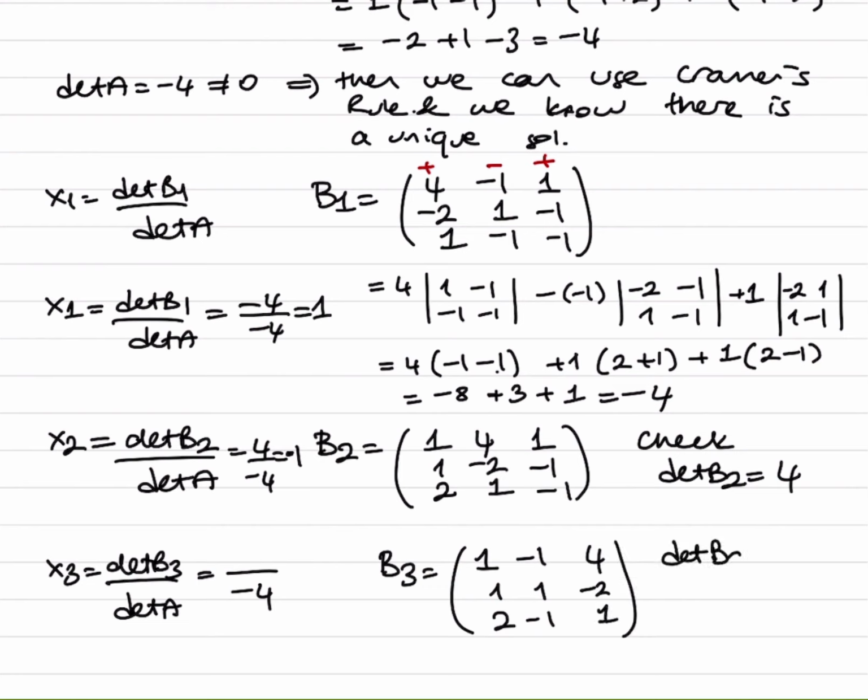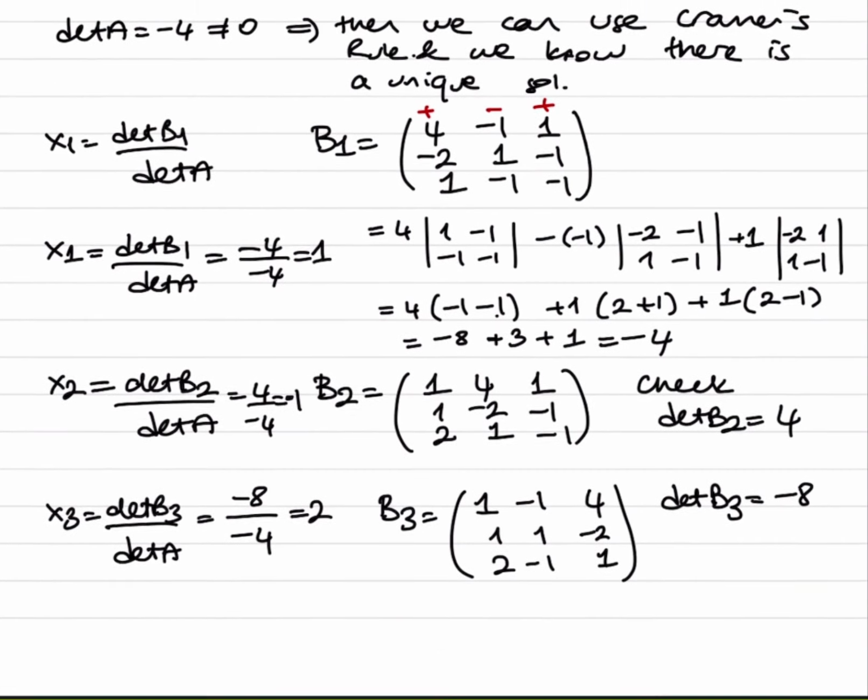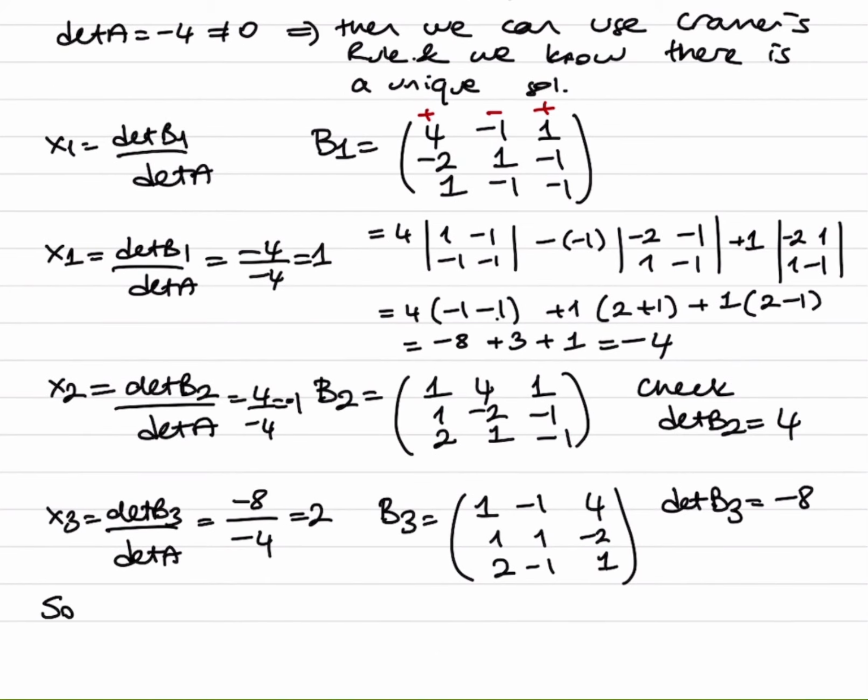If you compute the determinant of B3, you should find minus 8. So then x3 is equal to 3. So the unique solution is x1, x2, x3 such that x1 is 1, x2 is minus 1, x3 is 2.